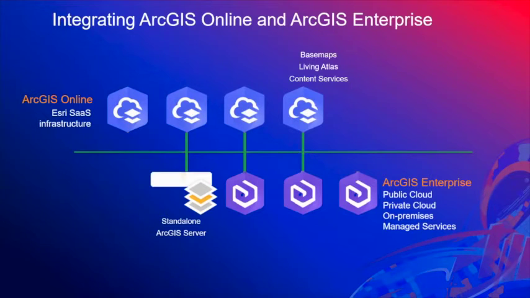But you can go beyond base maps and use things from the Living Atlas. You can use the different content services, the different location services such as routing and geocoding without having to pull in your own street network, publishing your own routing network services, and so forth. Getting again a little bit of the best of both worlds.